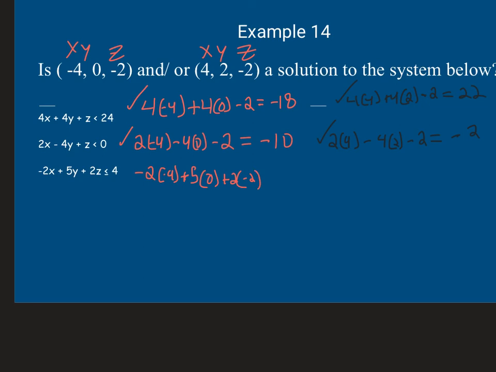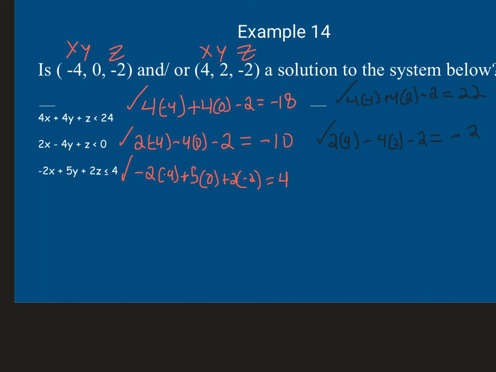When I plug that into my calculator, I get 4. If you look here, it says less than or equal to 4. Well, 4 is equal to 4, so this is true as well. So we know that the first set of solutions, negative 4, 0, and negative 2, is true.